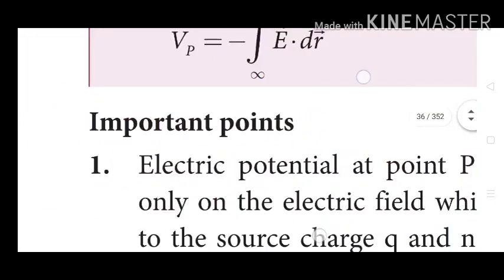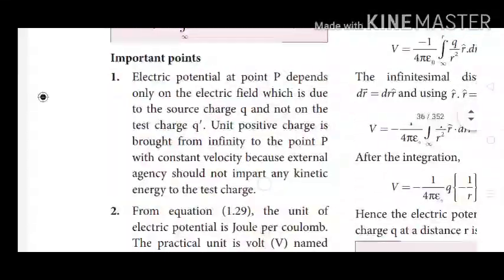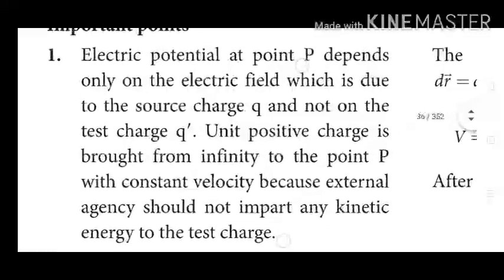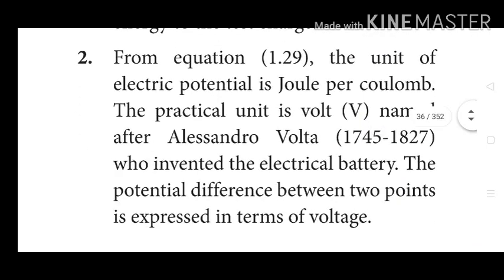Some important points about the potential. The first point: the electric potential at a point P depends only on the electric field due to the source charge Q and not on the test charge Q dash. The unit positive charge is brought from infinity to the point P with constant velocity because the external agency should not impart any kinetic energy to the charge.